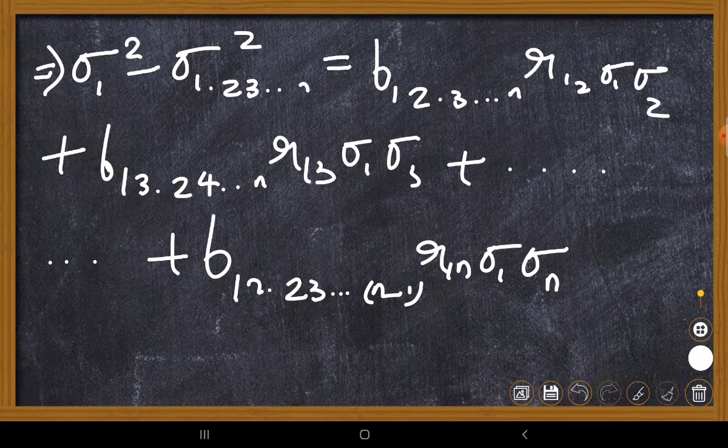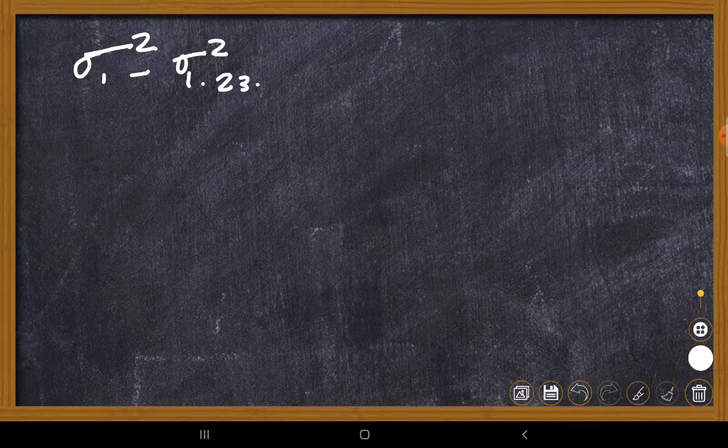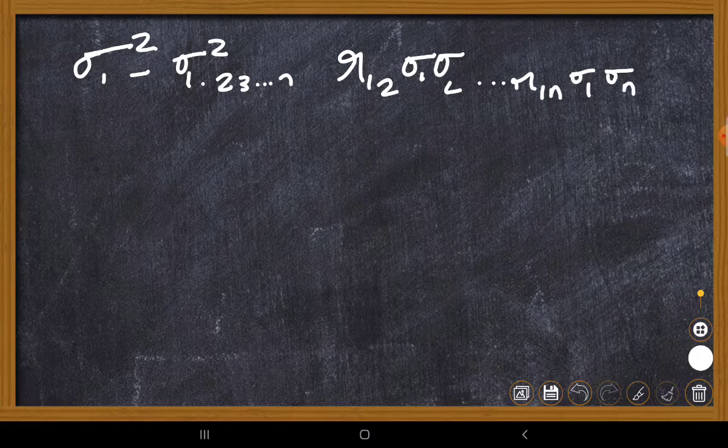Just like how we have done in plane of regression, you eliminate all the b terms and you will have this determinant as follows: sigma 1 square minus sigma 1.23...n square, then r12 sigma 1 sigma 2, and so on, r1n sigma 1 sigma n.